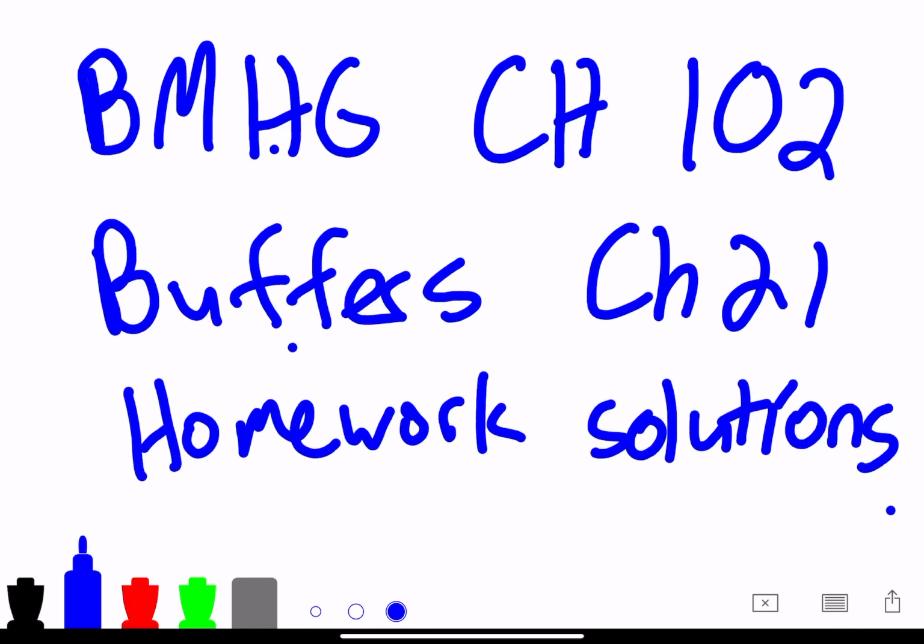So let's get started. I assigned you problem number 1, which says calculate the pH of a solution that is 0.05 molar in acetic acid, CH3COOH, and 0.05 molar in sodium acetate, which is the conjugate base.